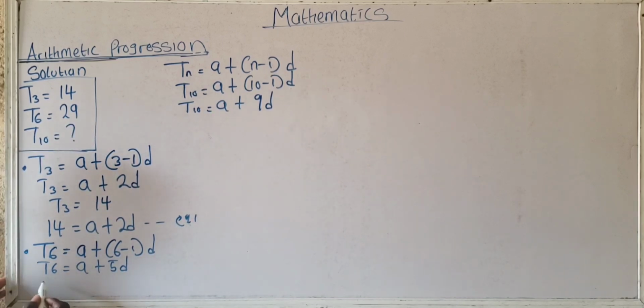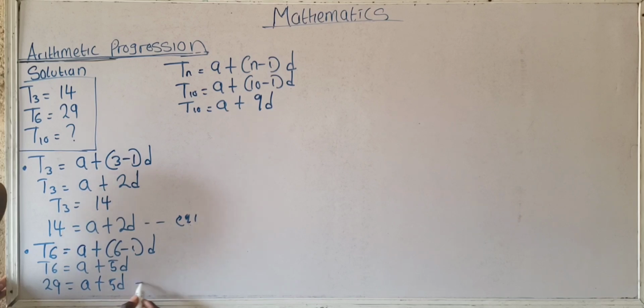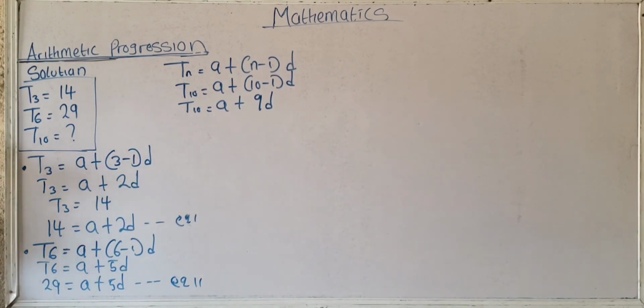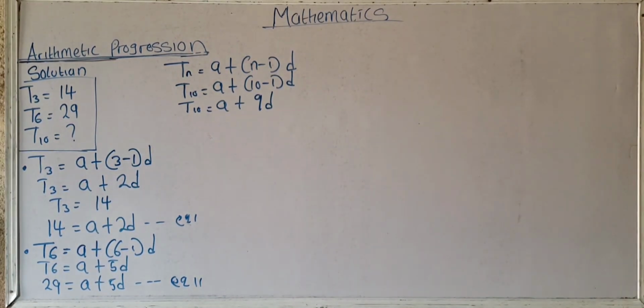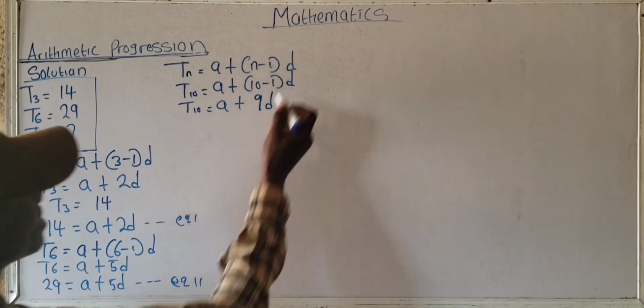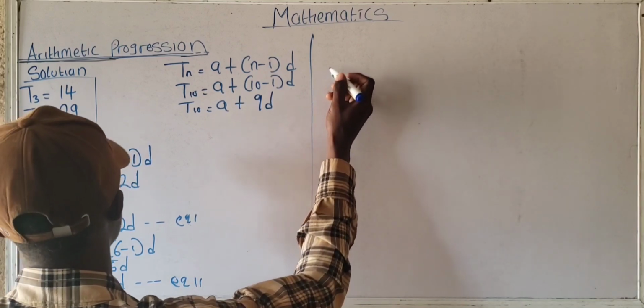So I'm going to have 29 is equal to a plus 5d. Okay? So this is equation 2. You understand? Okay? Now, we have two equations. The next thing is that I'm going to solve these equations simultaneously. You understand? So I want you to pay attention. Equation 1 is 14.